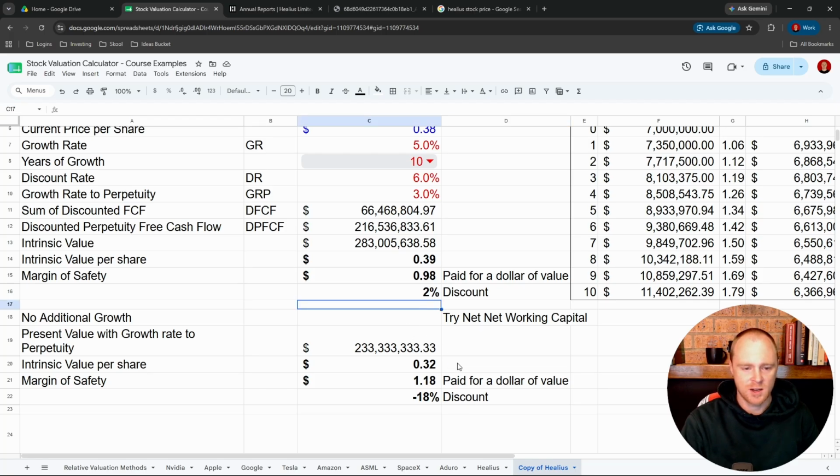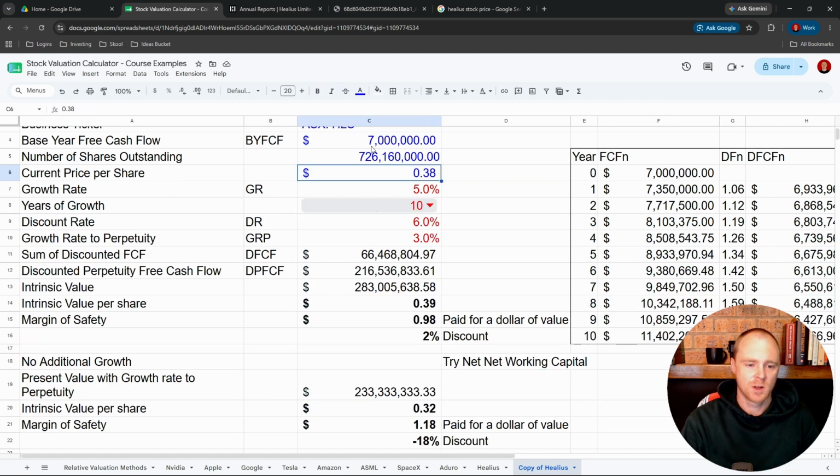And even if the business doesn't grow at all, we're still overpaying for it at 38 cents. So even if it only produced $7 million every year into the end of time pretty much, it's still being overpaid.